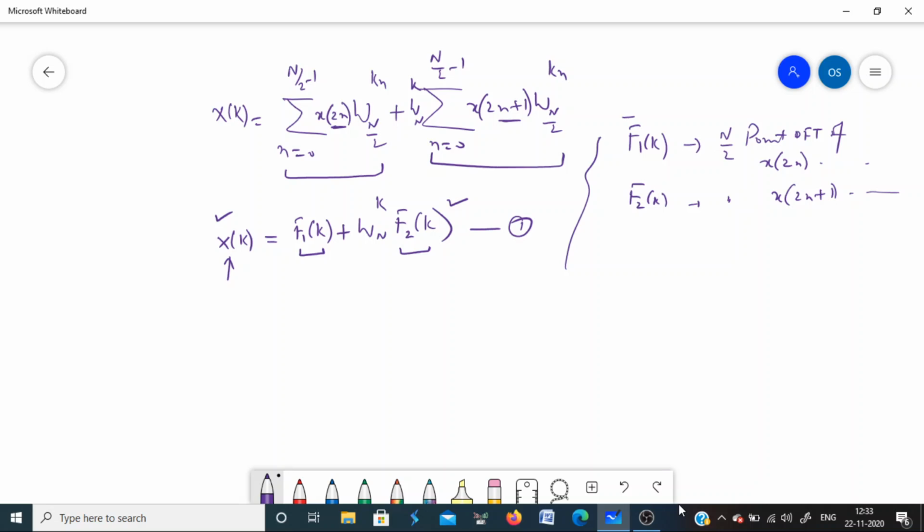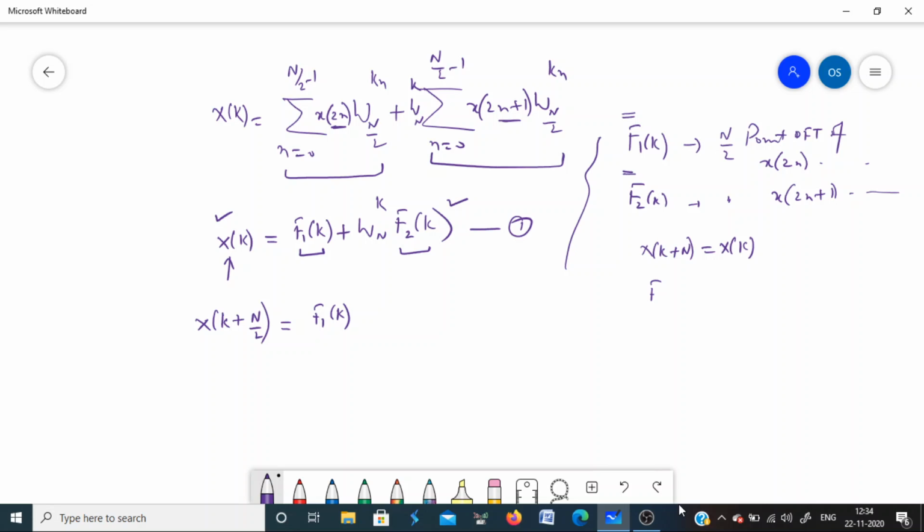and since F1k and F2k are N by 2 point DFTs, they are also periodic with a period of N by 2. It means in this equation, if I write X of k plus N by 2, that will be equal to F1 of k plus N by 2, which is equal to F1 of k, because it is periodic with N by 2. If I write X of k plus N, that will be equal to X of k, because Xk is an N-point DFT, it is periodic with N samples.